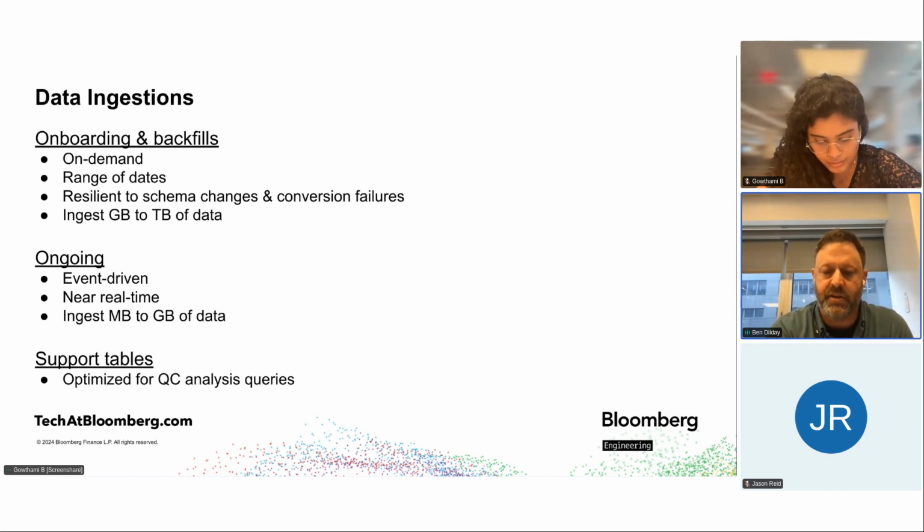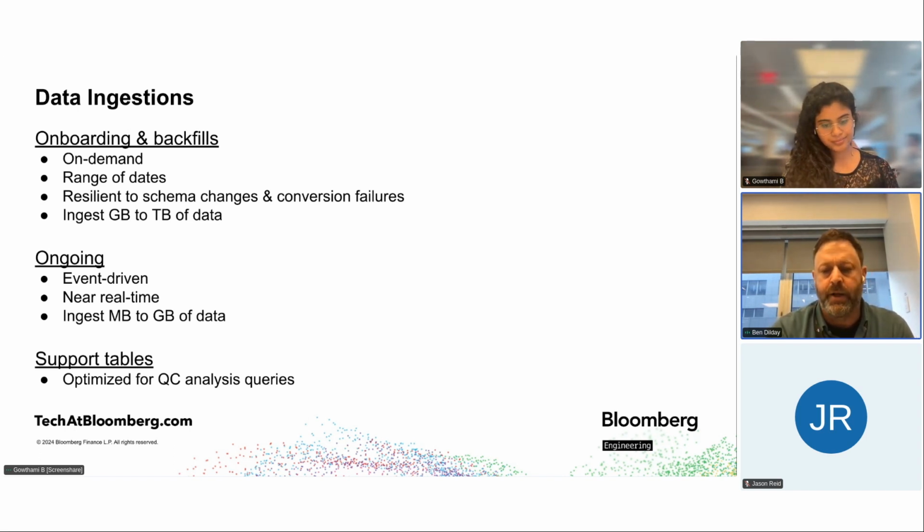So then we have a mode of ongoing. Once we've ingested this archive of data, these data are generally being published still. And so financial data is pretty generally published in once a day snapshots. And so we want to be able to ingest these snapshots into our archive. So for this process, we want this to be event driven.